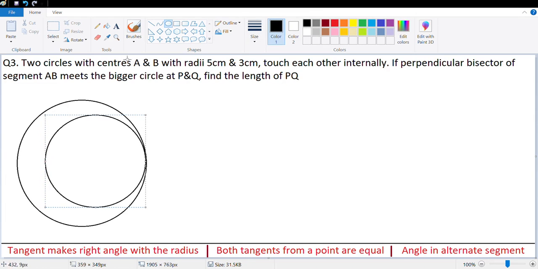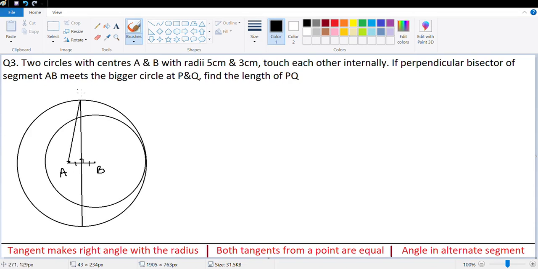Yeah, something like this. This would be the center of the smaller circle, and somewhere here would be the center of the bigger circle with center A. So the bigger circle is center A, the smaller circle is center B. Touch each other internally, perpendicular bisector of segment AB meets the bigger circle at P and Q. Okay, so this is the perpendicular bisector meeting at P and Q. Let's just join them.